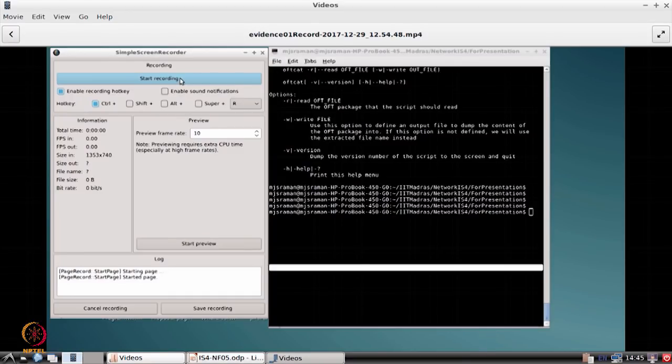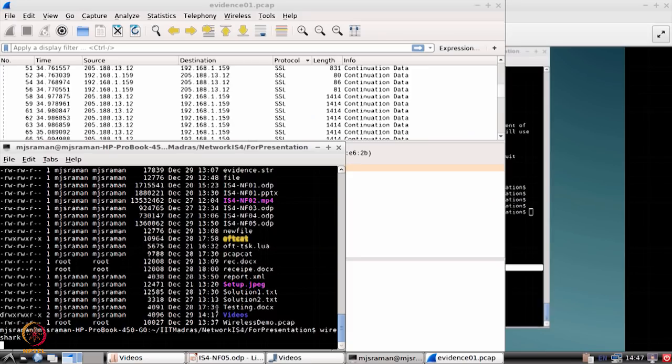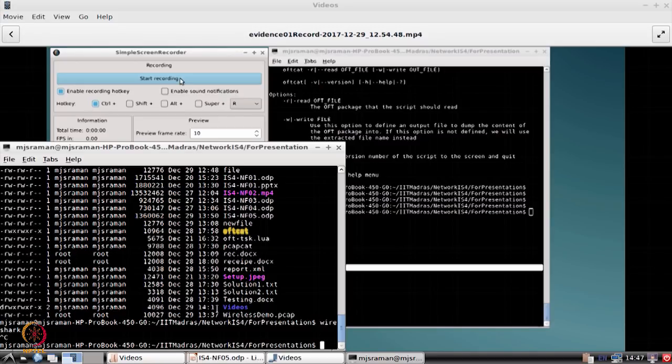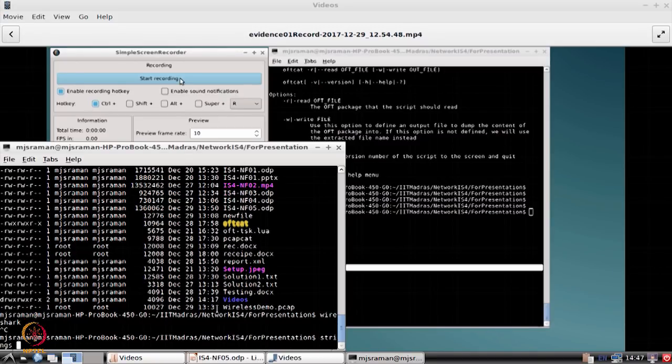One of the suspects is, have I used AIM, AOL Instant Messenger, for doing this conversation? So how does one identify it? Instead of going through Wireshark, we can also look at the strings command. So what we can do is actually run strings.